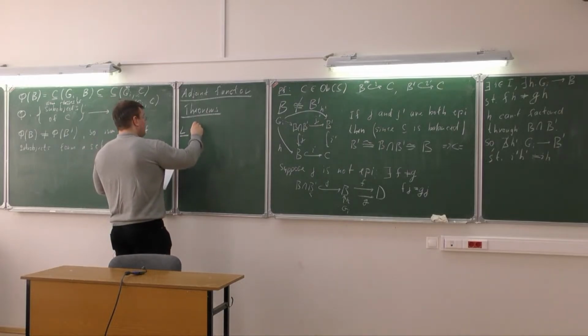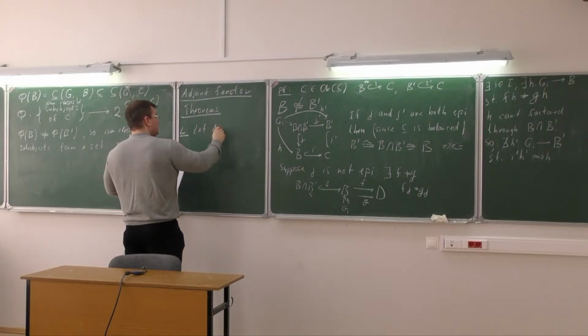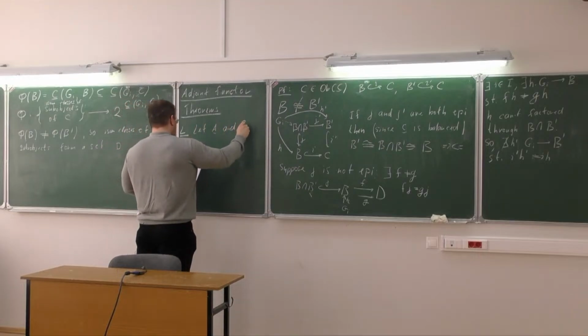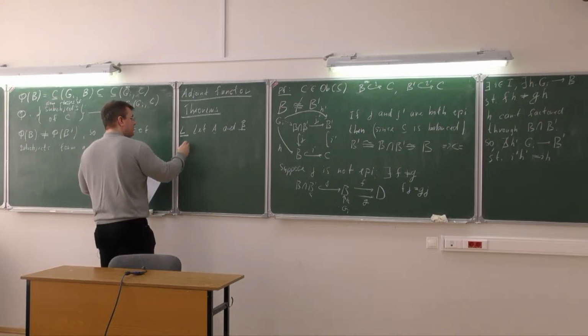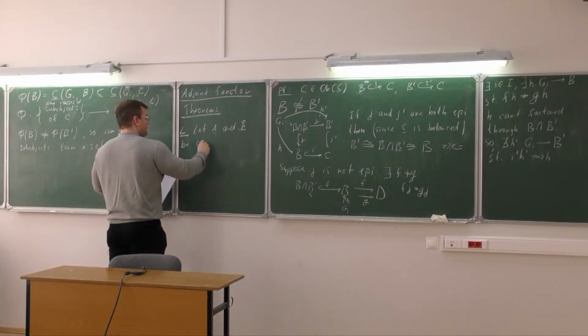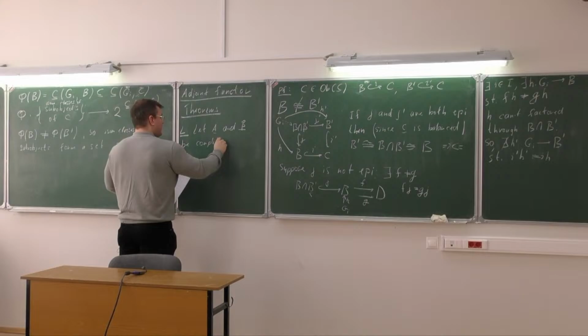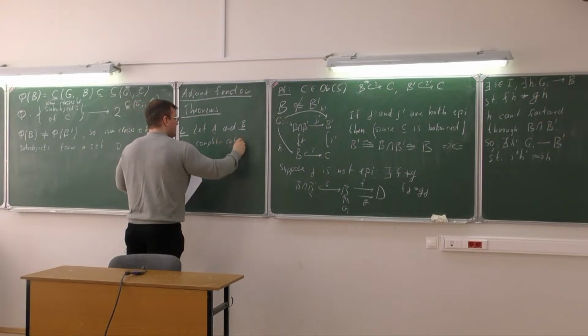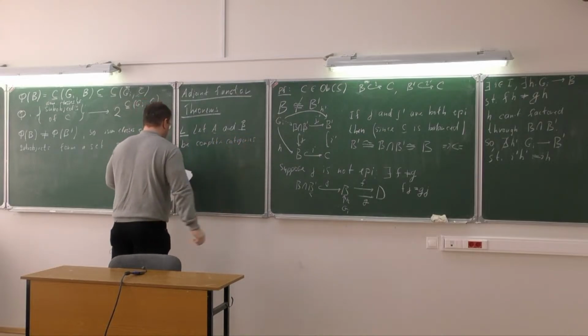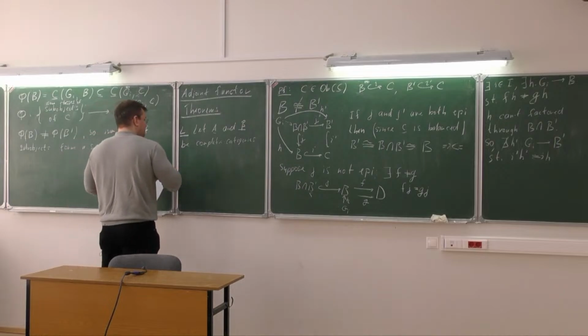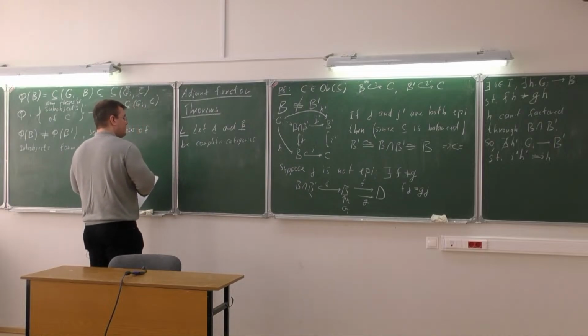So suppose we have two, so let A and B be two complete categories, and we also have two continuous functors.